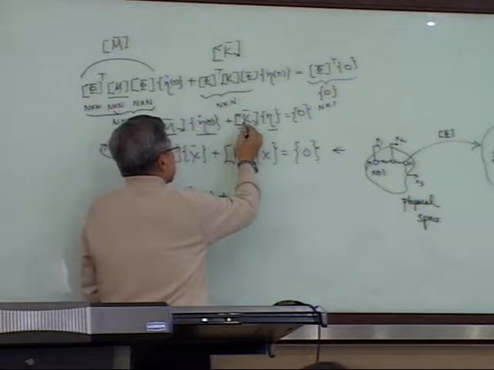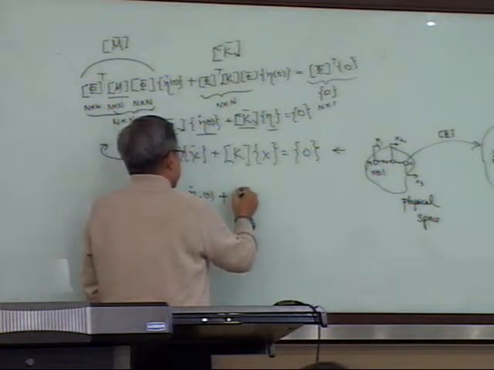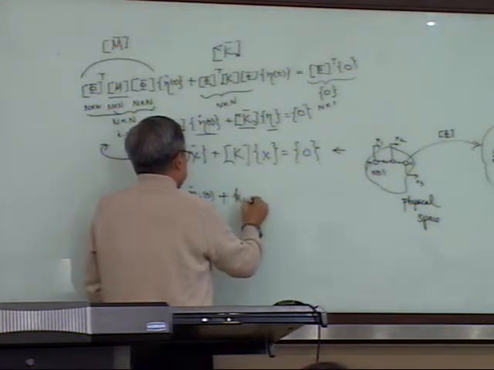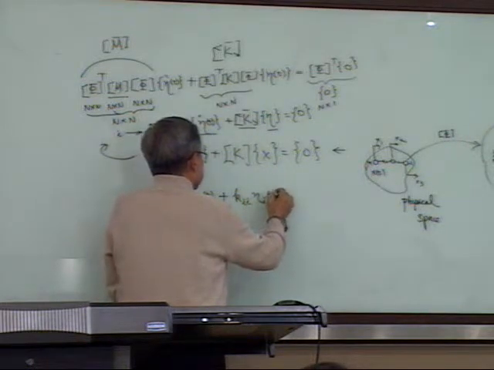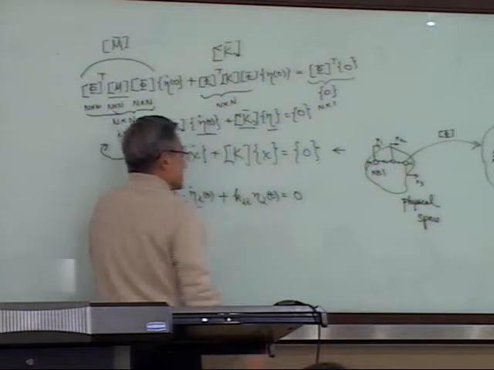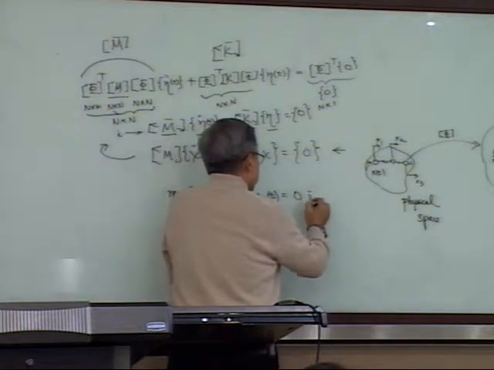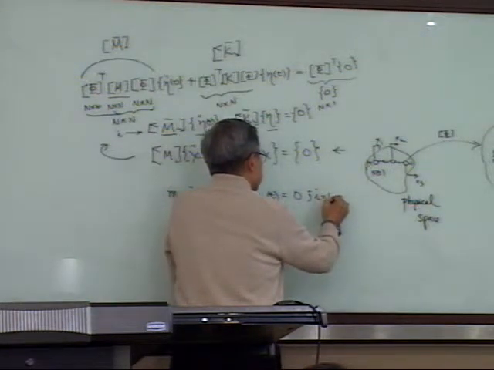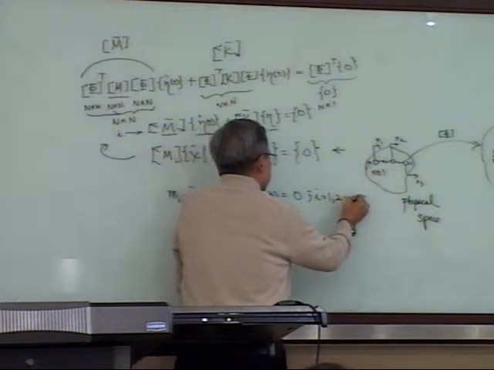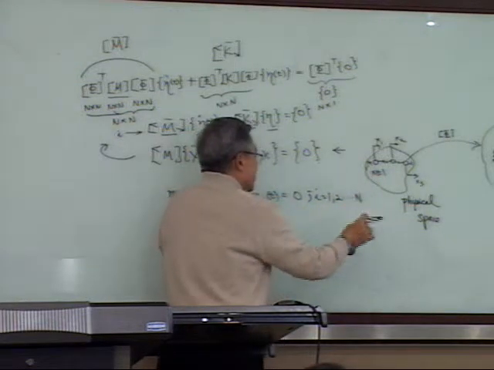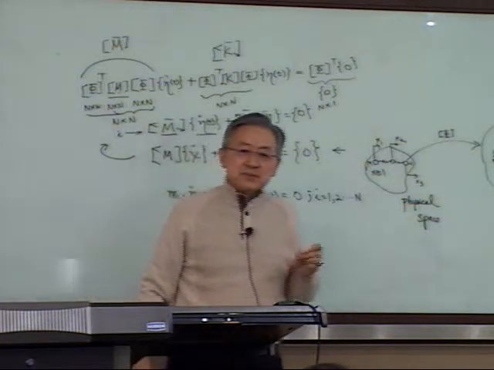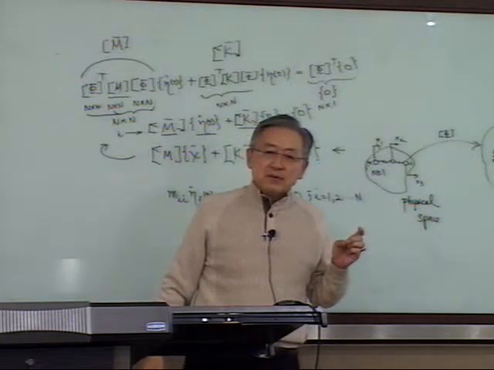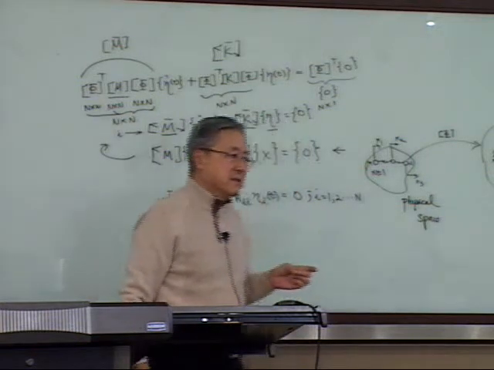So M_ii eta_i double dot of t plus K_ii eta_i, of course a function of time t, is equal to 0. I is equal to 1, 2, all the way through n in general. In this example, it's simply n equal to 3.